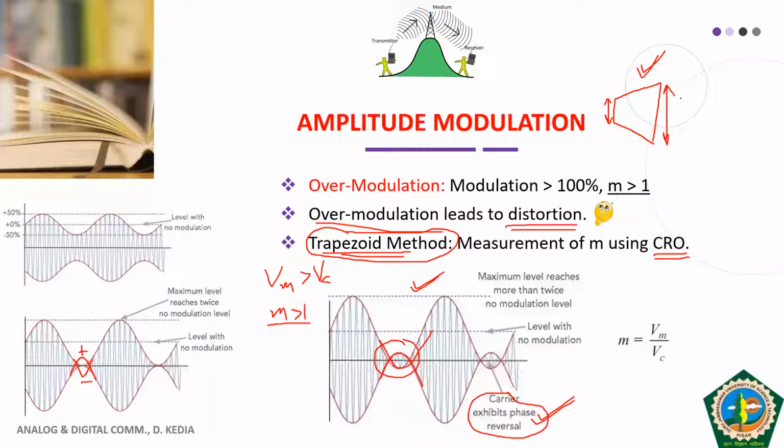So you can directly measure Vmax and Vmin, and then by applying the formula, you can obtain the value of modulation index. So that way, the concept of modulation is very important, and you can measure it directly. So I hope this is clear to everyone. Now let us move forward.